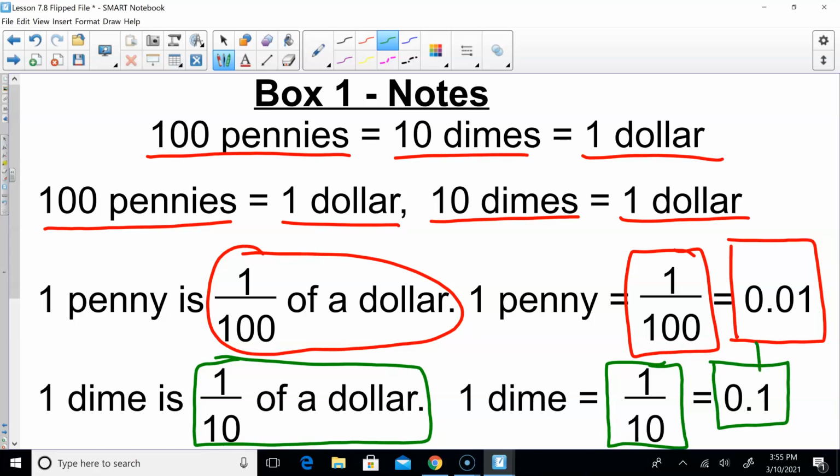Notice this one is in the tenths place, and the one here is in the hundredths place. So write down this information about 1 penny and a dime, giving you an example of what the fraction value and the decimal value would be of a dime to help us out with today's lesson.